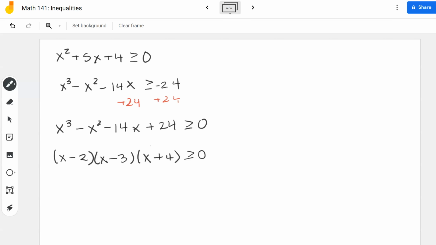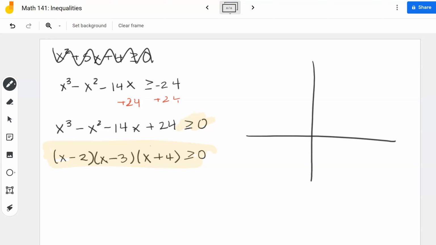So again, I'm going to show you how to do it with and without setting a side equal to 0. But when a side is equal to 0, this is super helpful because now we can think about all of the information we have about graphing polynomial functions. We know the end behavior of a polynomial. By the way, we never did this problem because it was super boring.